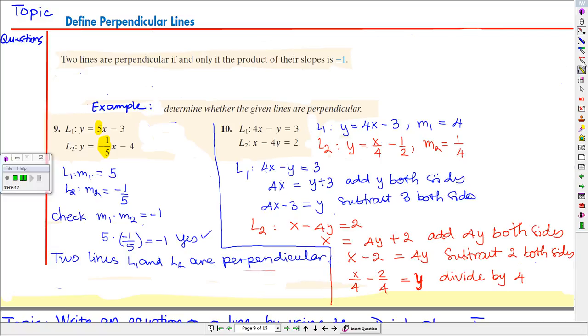So now we have the two slopes. We can see right here that the two slopes are both positive. So there's no way that the product of M1 and M2 will give us negative 1.